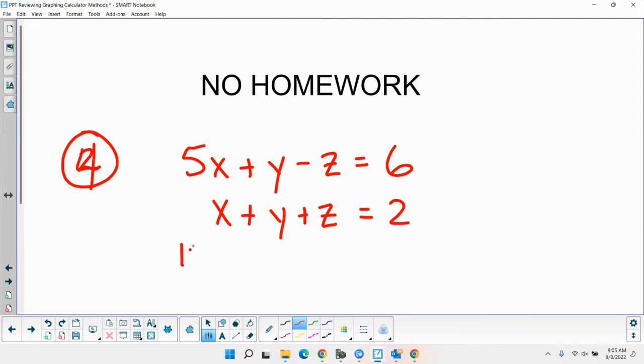I see what might have happened. 12x plus 4y equals 10. So z wasn't there, right? So what number should we put there? 0, yeah. So when we put it in our matrix, that should be a 0.